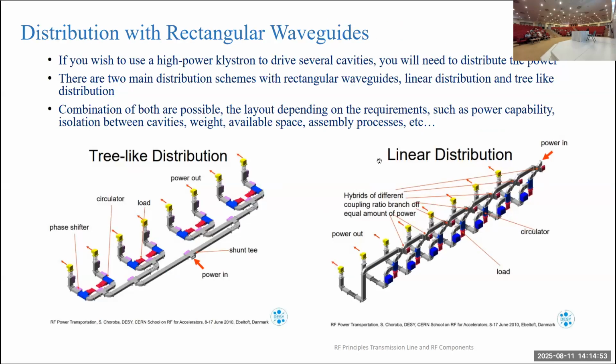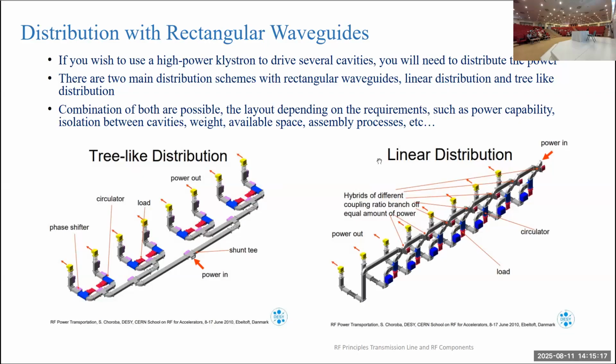Now, how can we distribute RF to more than one RF device? Suppose we have 3 or 4 accelerating structures, and we want to couple them from a single RF source. This way, we have 2 types of components.